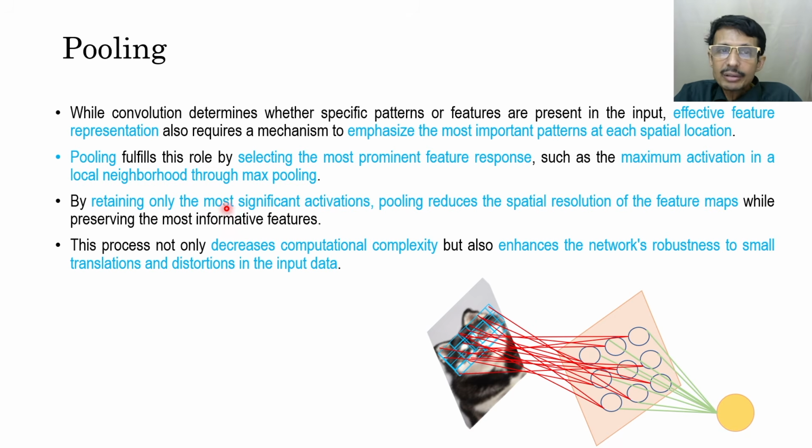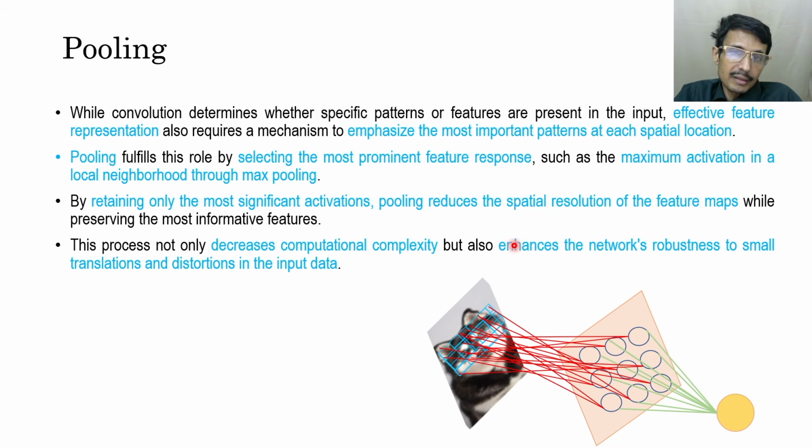By retaining only the most significant activations or responses, pooling reduces the spatial resolution of the feature maps, definitely, because only the most important ones are taken, while preserving the most informative features. This process not only decreases the computational complexity, but it also enhances the network's robustness to small translations and distortions in data. So this is another important point.